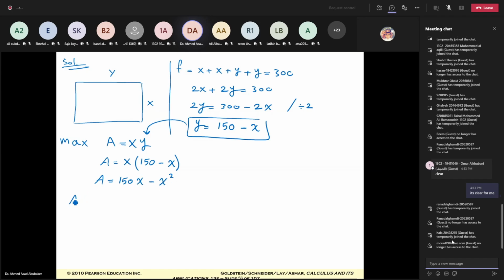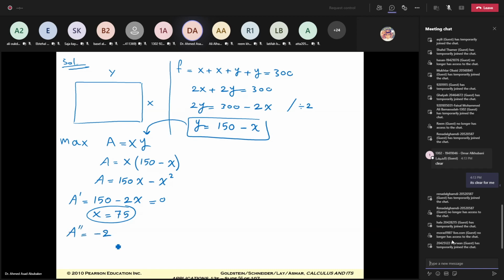Find the derivative of the area: 150 minus 2x, equal to 0, so x equals 75. We have only one critical or stationary value. Now A double prime equals negative 2, and after substituting 75 we also have negative 2.